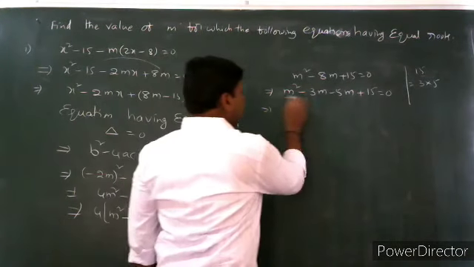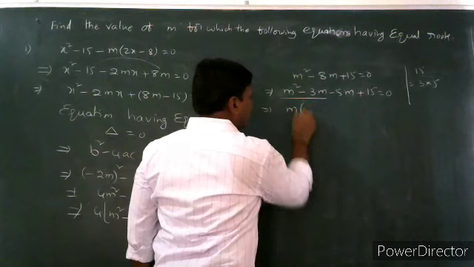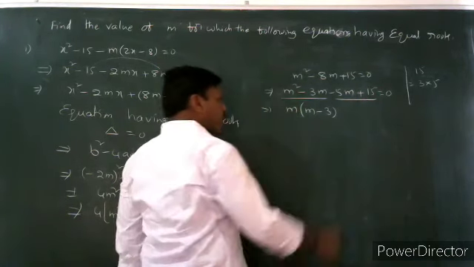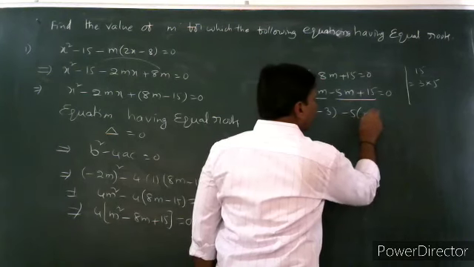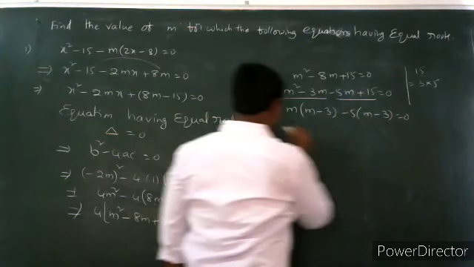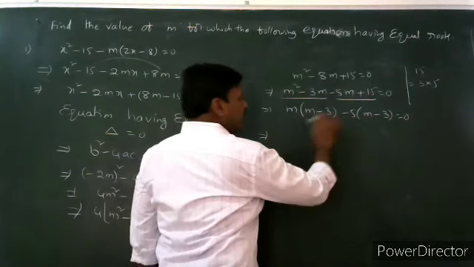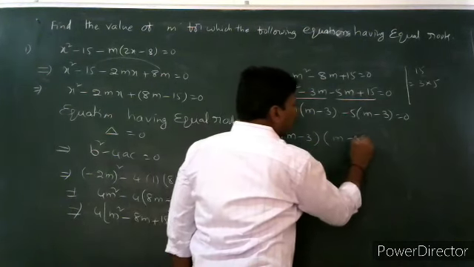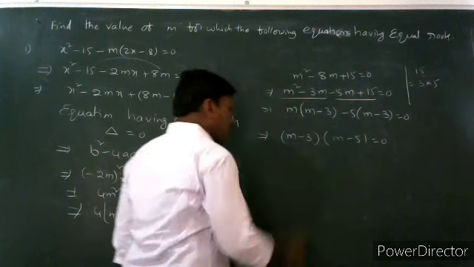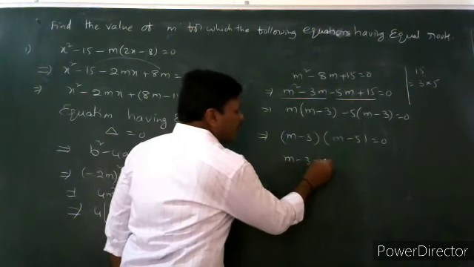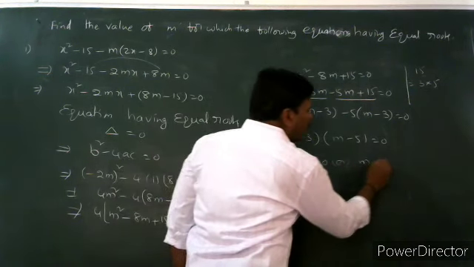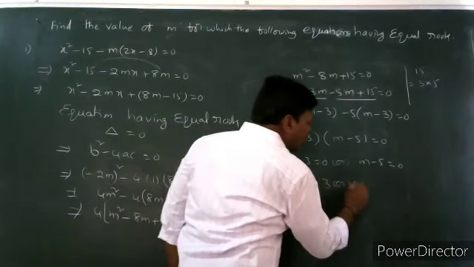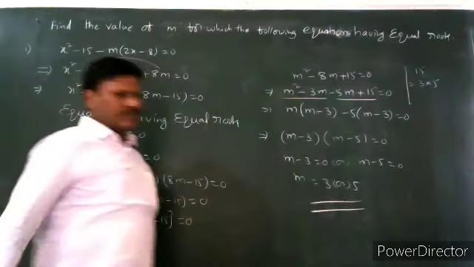In these two terms m is common, m minus 3. In these two terms minus 5 is common, minus 5 into m minus 3. In both terms m minus 3 is common, m minus 5 is equal to 0. That means m minus 3 is equal to 0 or m minus 5 is equal to 0. m is equal to 3 or 5.